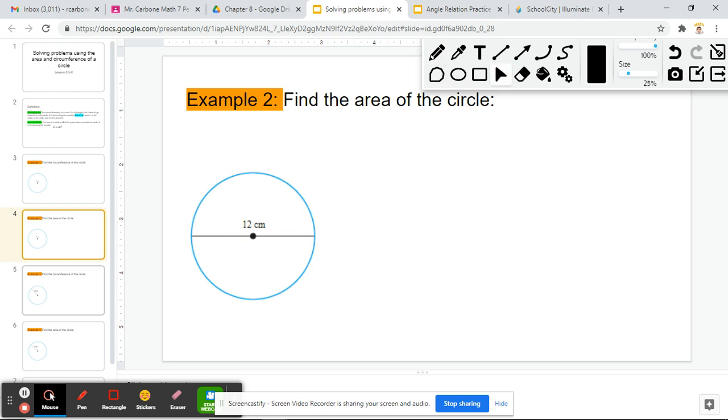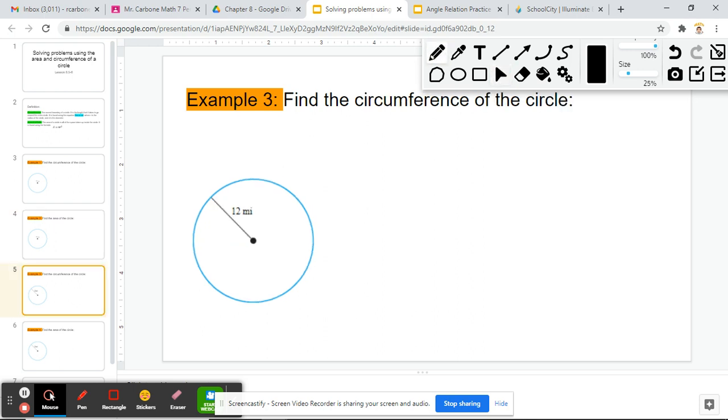All right, couple more examples for us here. We again want to find the circumference of the circle. So this time we were only given the radius, so let's just use our second formula, 2 pi r. So we have 2 times, here our radius is equal to 12, times pi. So 2 times 12 is 24 times pi.